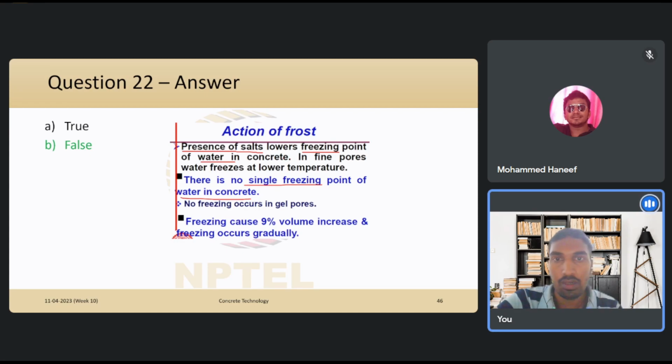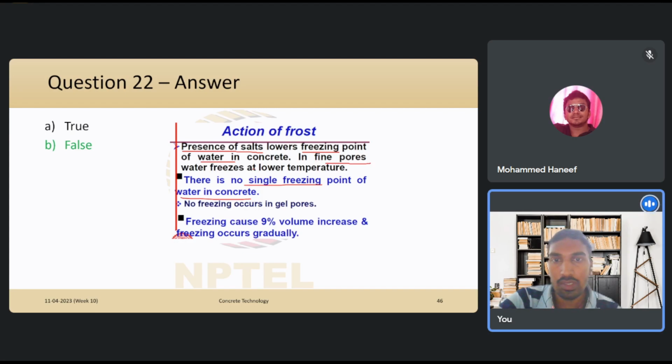Right. So therefore, not all water will freeze just when the temperature reaches 0 degrees, and also not everywhere, even when the freezing point at some region is reached, it will not freeze everywhere, right? Because of the difference in the concentration, and also the other factor is the pore size.